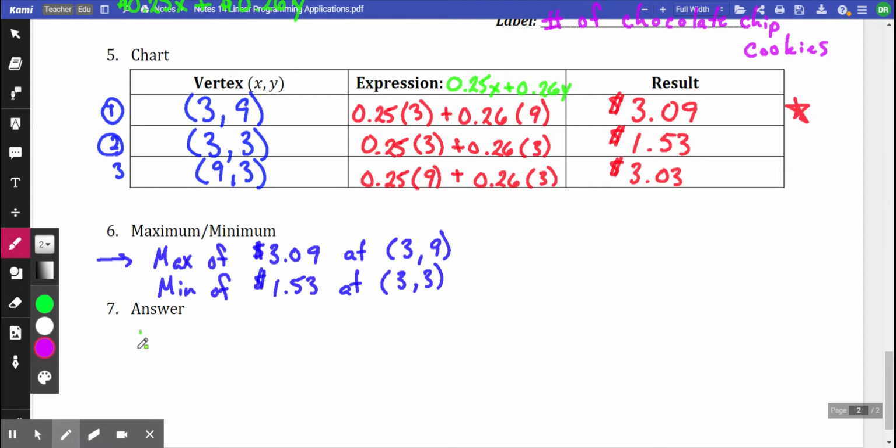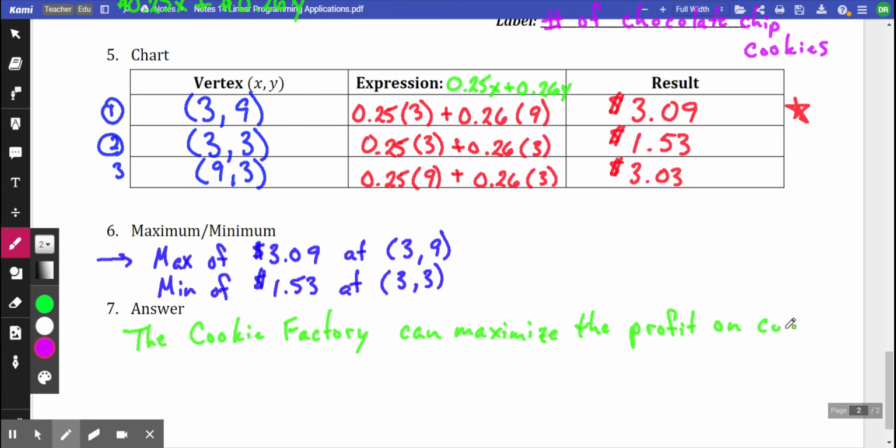The cookie factory can maximize the profit on combo packs by including, what was it?